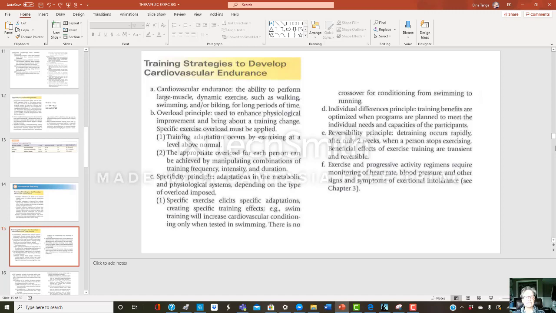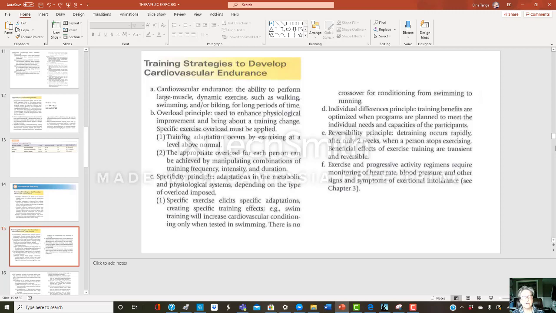Training strategies to develop cardiovascular endurance. Cardiovascular endurance is the ability to perform large muscle dynamic exercise such as walking, swimming, and biking for long periods of time. Overload principle, used to enhance physiological improvement and bring about a training change.